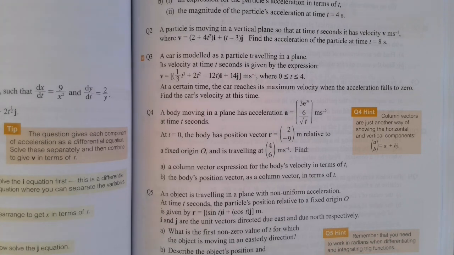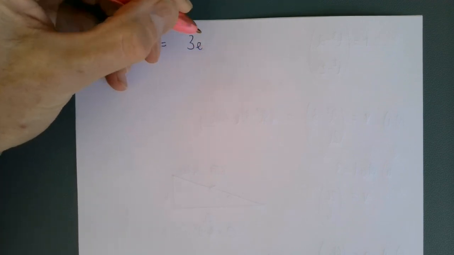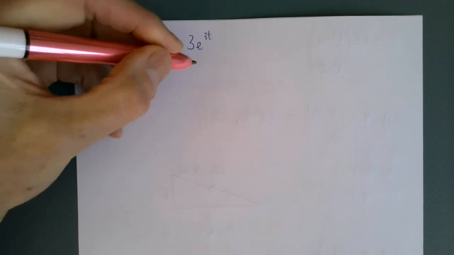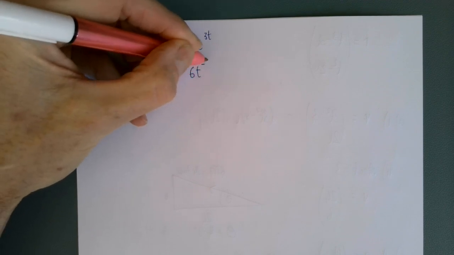So this is going to involve integrating, and it introduces an issue which some of you might have already had in your mind, but we'll approach it now. So let's go with the formula then. So the formula is 3e to the 3t and 6 over the square root of t, which I'm going to write like that.